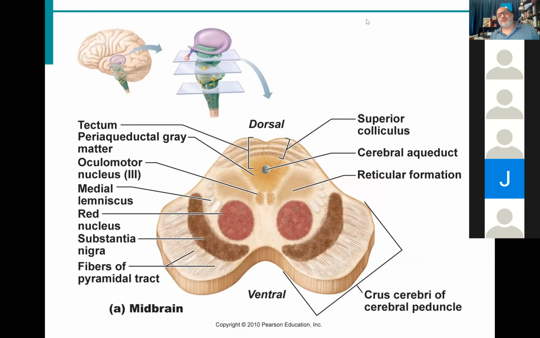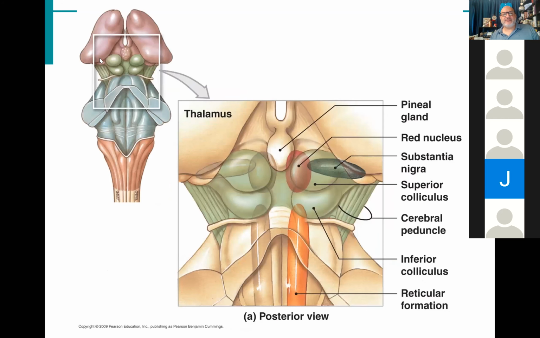The last structures we are responsible for are these bumps that we see on the back. Notice they're not as prominent as the cerebral peduncles here. And yes, it kind of looks like two when we look at it from a cross section. But where you see it best is when we look at it from a posterior view.